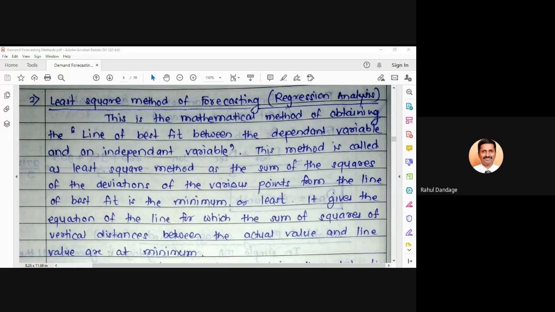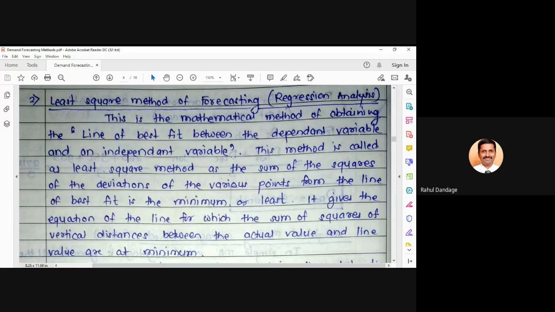We are trying to have the sum of squares of deviations of various points be least from the best fit straight line we obtain for the relationship between the dependent and independent variable. It gives the estimation of the equation of the line for which the sum of squares of vertical distances between actual value and line value is at a minimum.